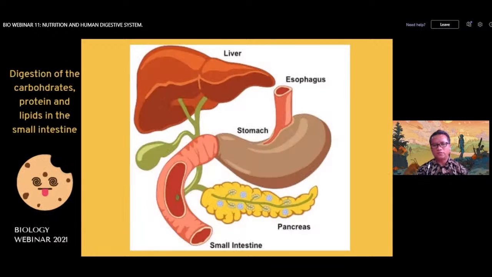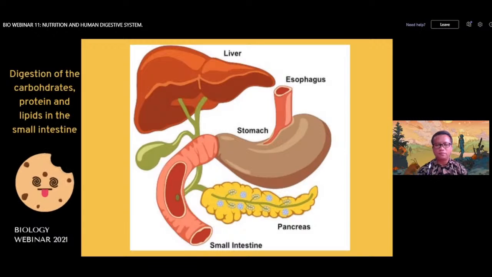Now let's focus on the digestion of lipid. When the food is moving through the duodenum, it will meet the liver, which will secrete the bile. Bile doesn't digest the food. Bile isn't involved in digestion. What I mean is it doesn't break down, but the bile produced from the liver will emulsify the lipid into tiny droplets. Why must it be changed into tiny droplets?